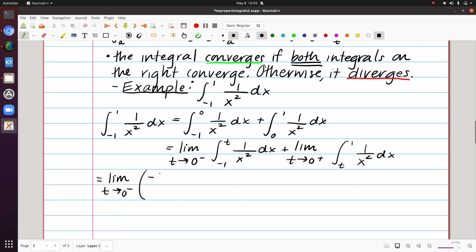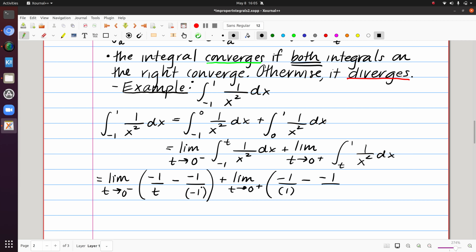So negative 1 over t minus negative 1 over -1, plus the limit as t approaches 0 from the right, we're going to have negative 1 over +1 minus a negative 1 over t.